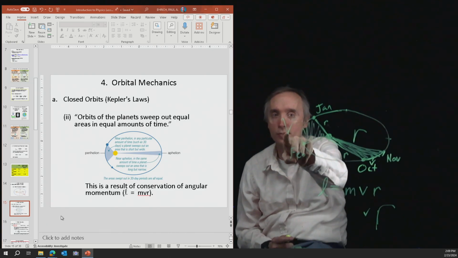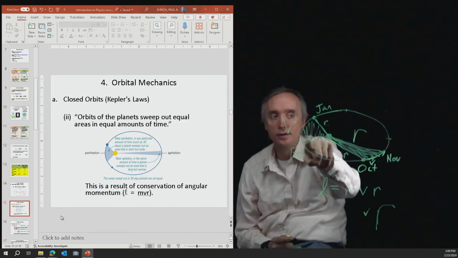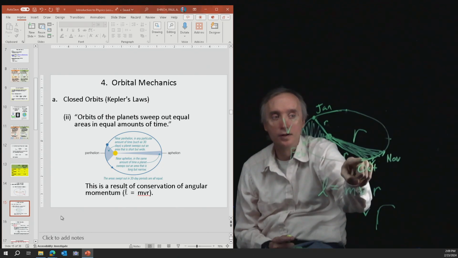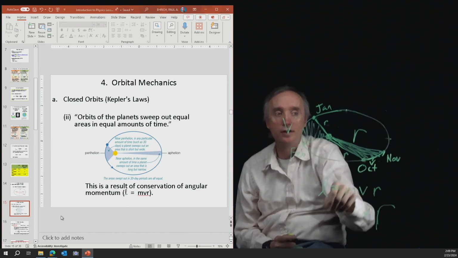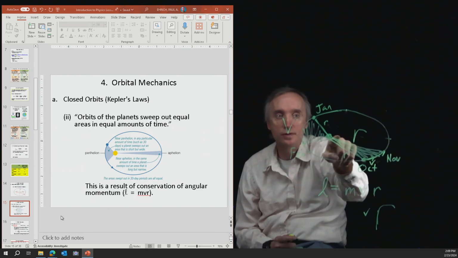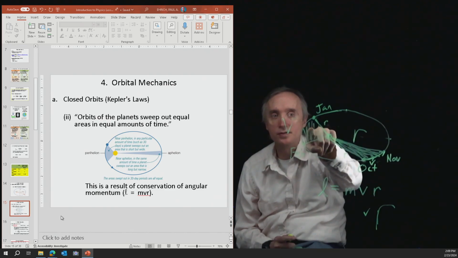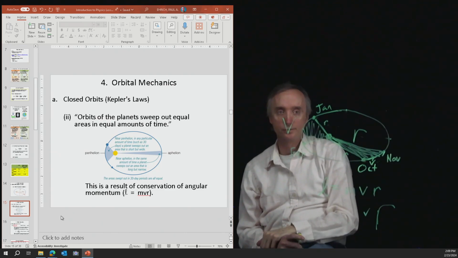So if you have a big v, then this distance here is also going to be very big. If this v is small, then this distance is going to be very small. If you multiply this times this, that's what gives you this triangle thing. And that's the reason why this one is exactly the same as this one over here.